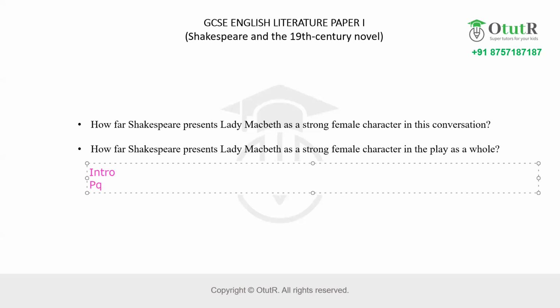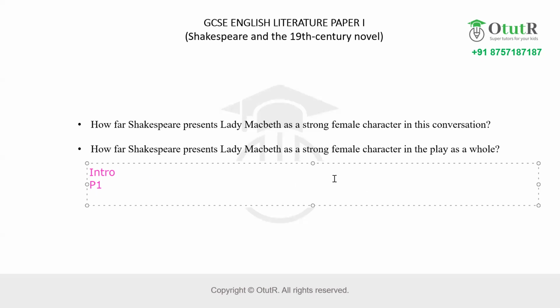Following this, we come to our paragraph 1. Every time you're writing a paragraph, it should answer the question directly, like the introduction has done. Every time you start a paragraph, it's ideal to have a topic sentence followed by evidence, which consists of quote and technique, followed by an explanation of the same. Again, all of this has to be tied back to the question each time. Tied back to the question means they should answer the question.